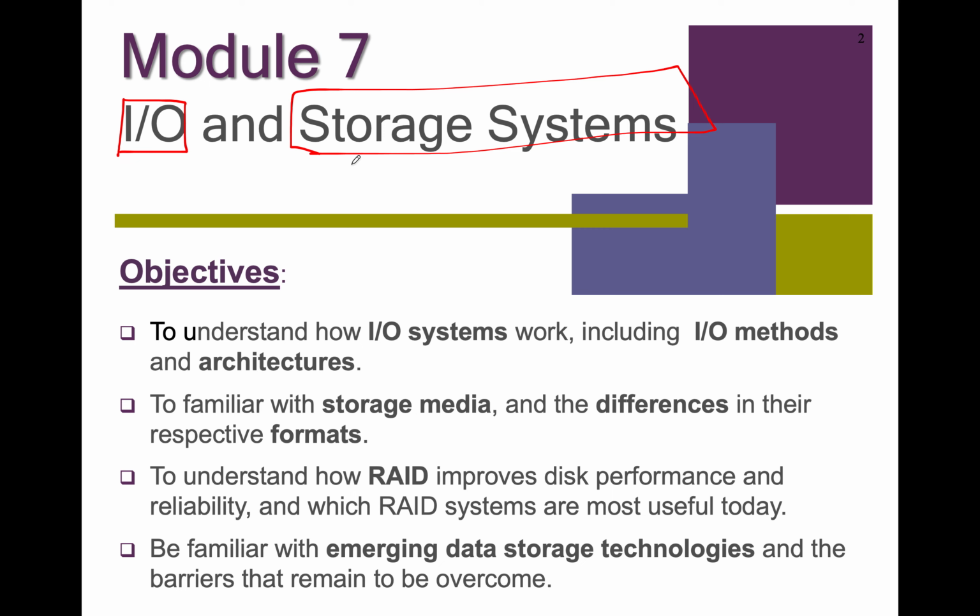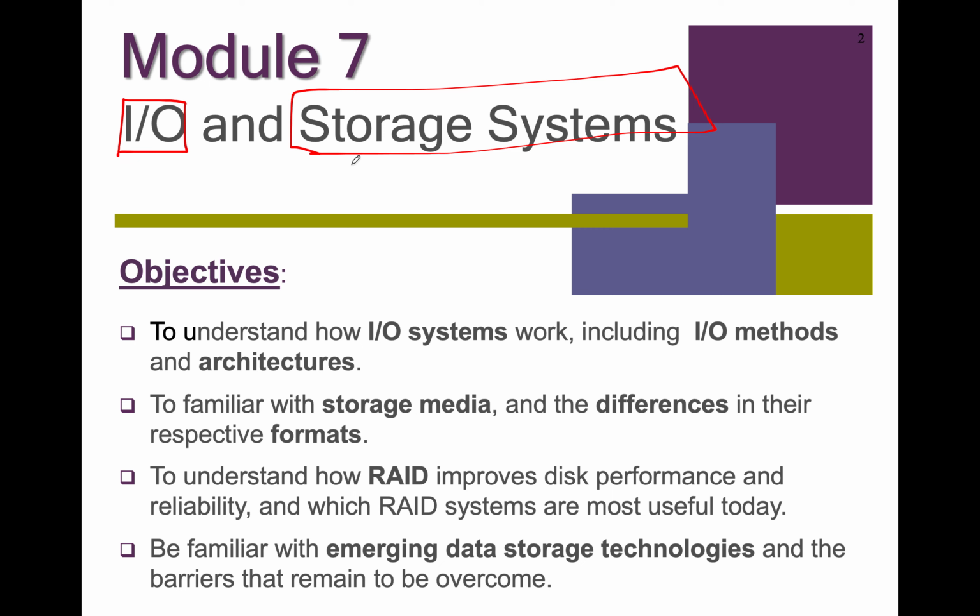Be familiar with emerging data storage technologies and the barriers that remain to be overcome. So that is the objective part: why you need to learn and what the outcome will be at the end of our module 7.